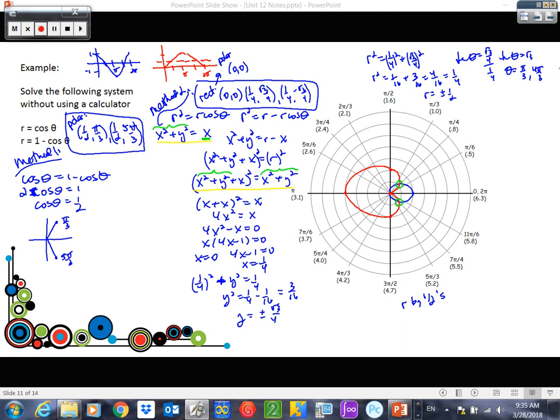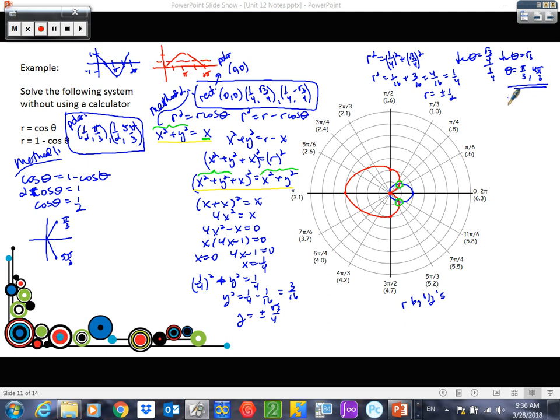Well, I don't have 4 pi over 3 over here as a solution, do I? Could 4 pi over 3 be a solution over here? It could, right? If I was at 4 pi over 3, what would I need to do? Make a negative 1/2. So these really represent the exact same solution, right?